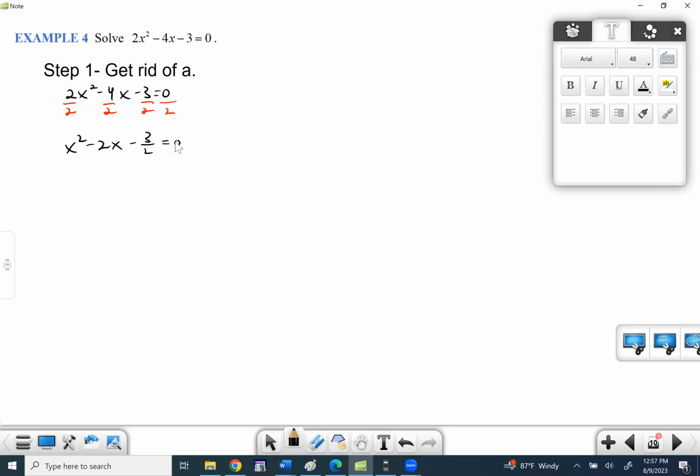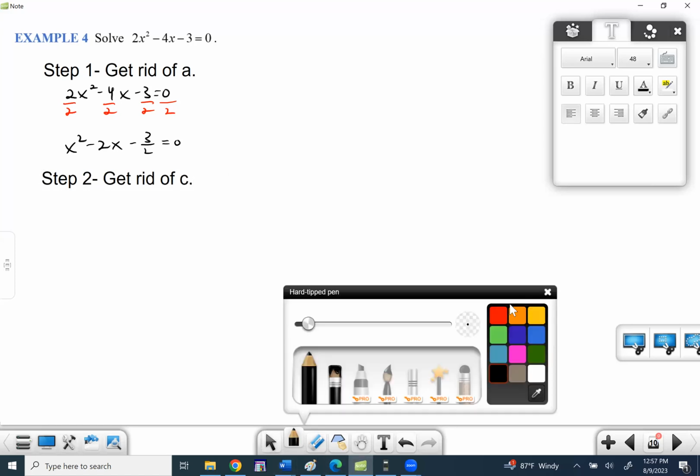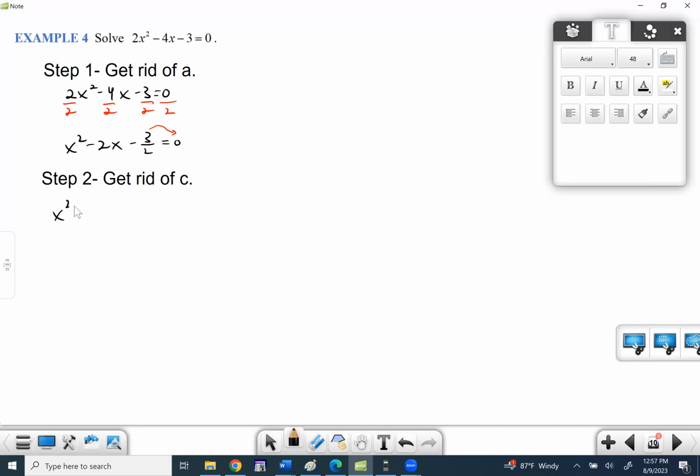All right, now step 2. Step 2 was to get rid of c, right? So to get rid of the c, which is the -3/2, we're just going to move the -3/2 over to the other side, making it +3/2.